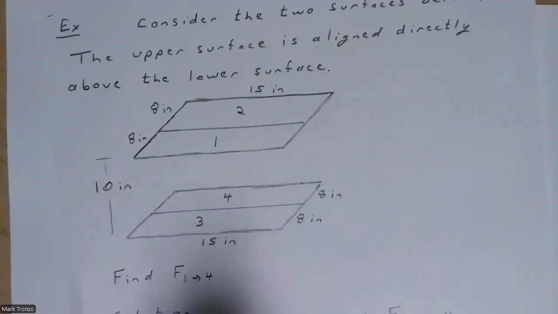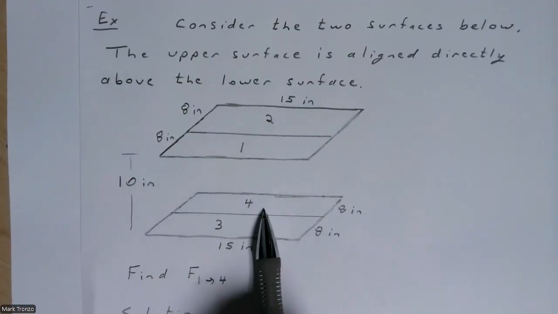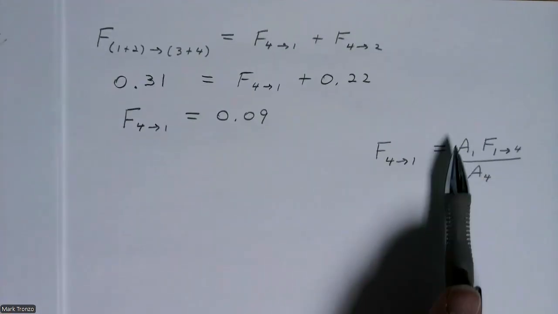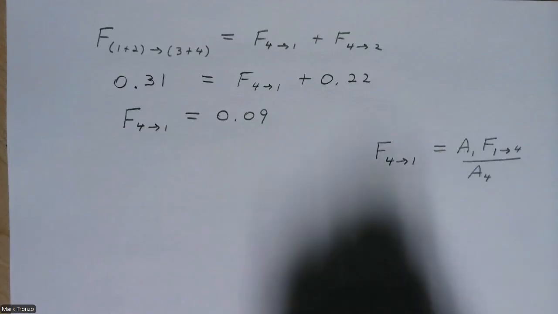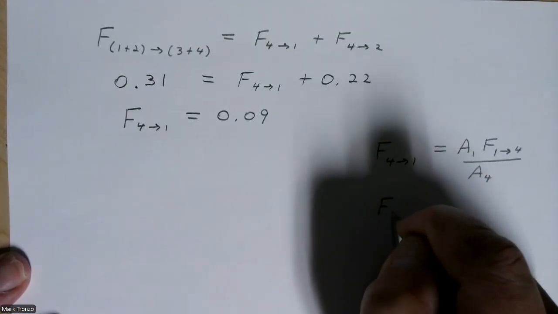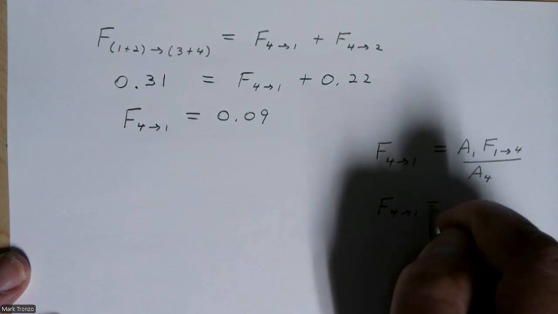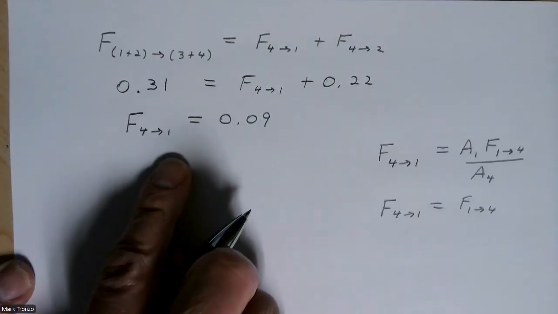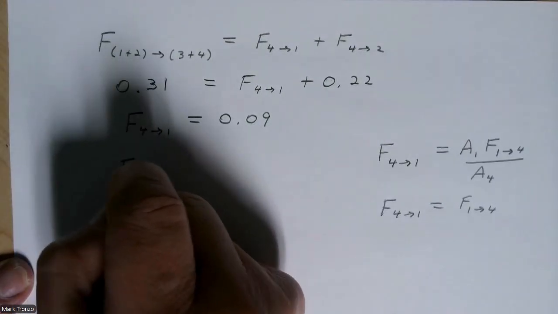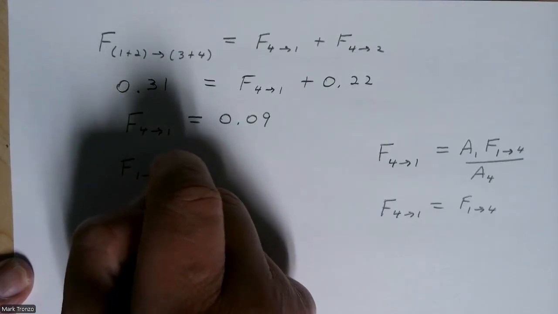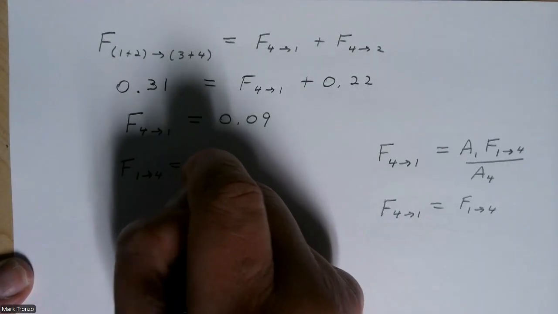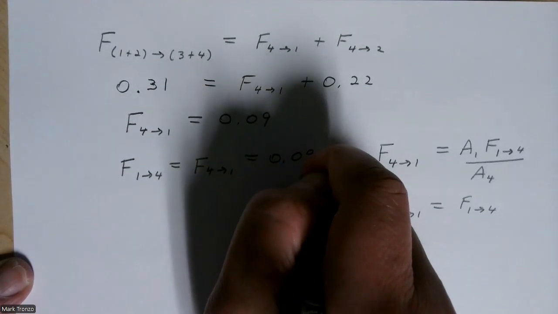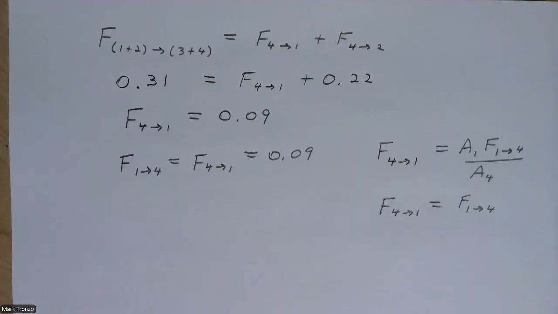If you look back over here, 1 and 4 are exactly the same areas, both 15 by 8. So those are going to cancel. And so we're going to have that F41 is equal to F1 to 4. So that means up here, F1 to 4 is going to be equal to F4 to 1, and that's our 0.09.